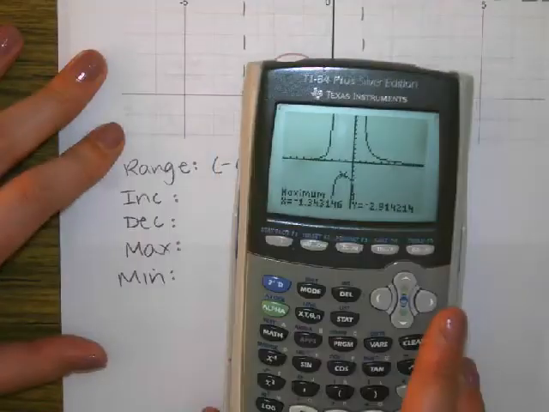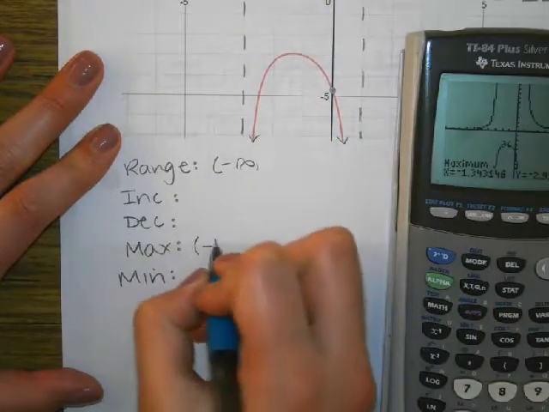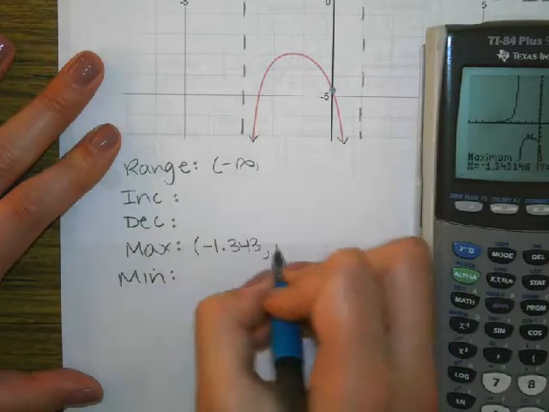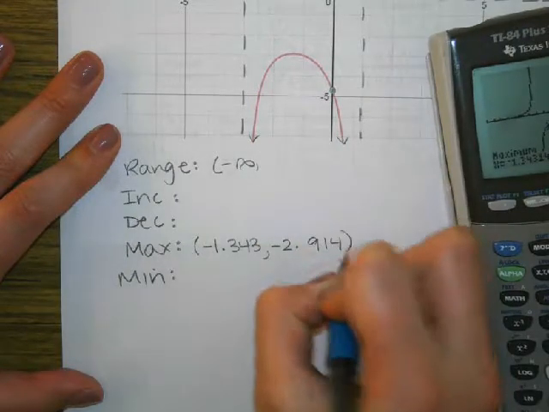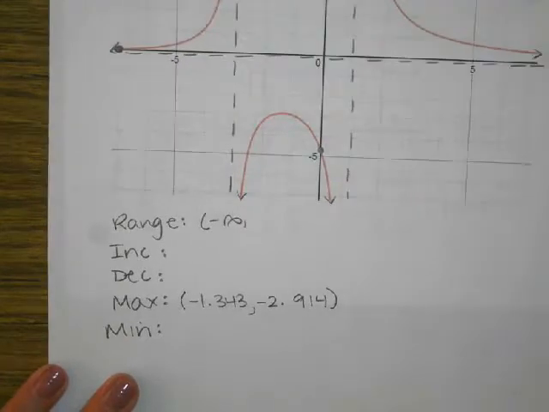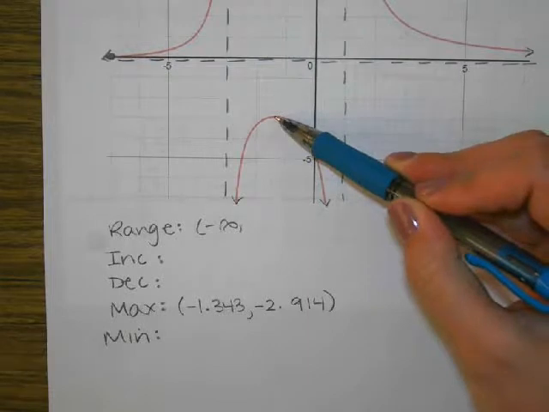So for max, I'm going to go ahead and write, let's do 3 decimals. -1.343, comma, -2.914. Okay, so there's the point. So for our range, we go from negative infinity up to the maximum.